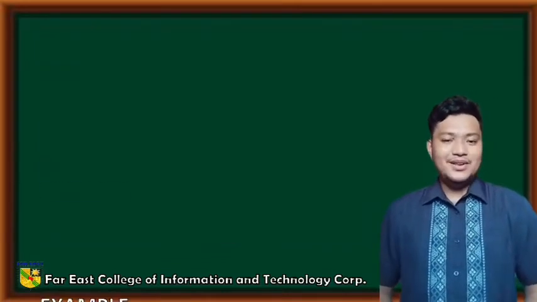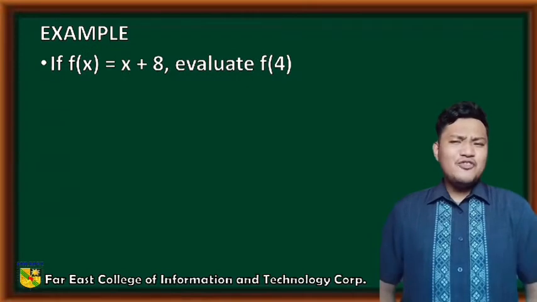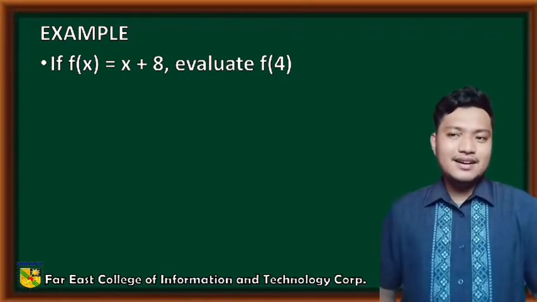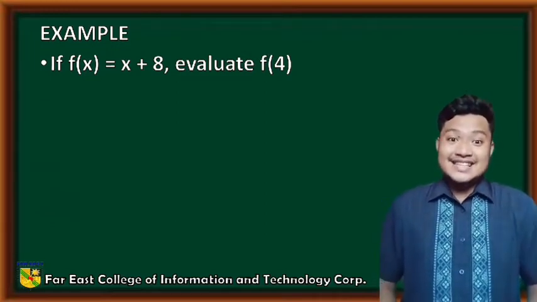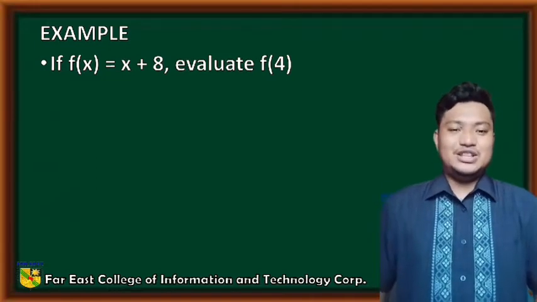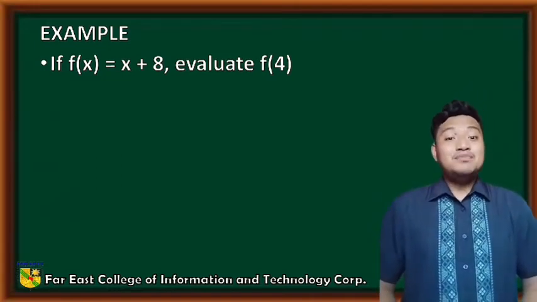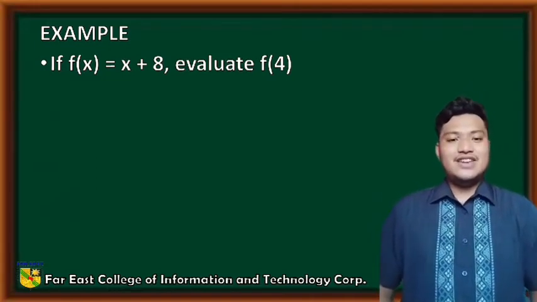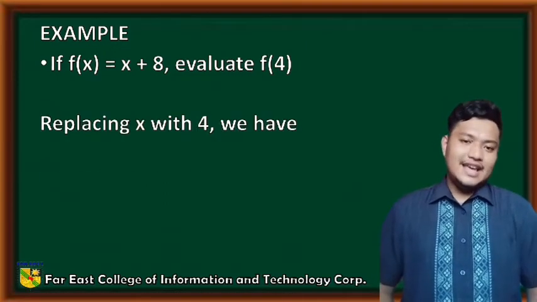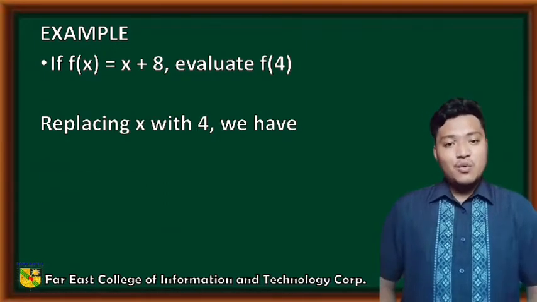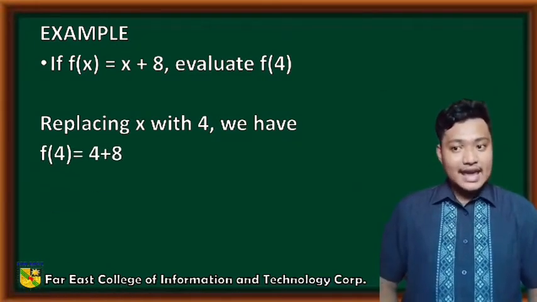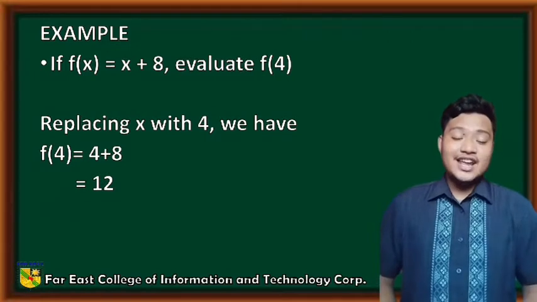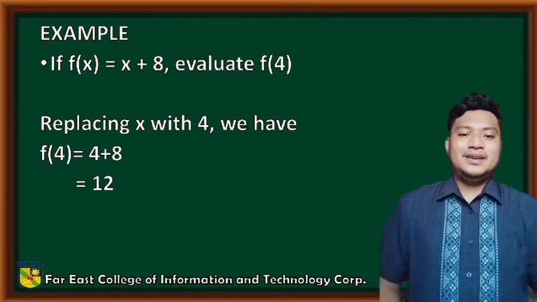For example, if f of x is equal to x plus 8, evaluate f of 4. So all you need to do is the law of substitution. You substitute the value of x to the given equation. So replacing x with 4, we have f of 4 is equal to 4 plus 8. f of 4 is equal to 12.